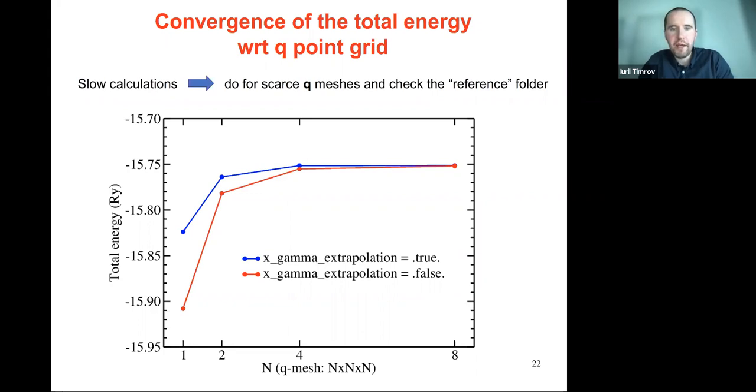So we need to make some convergence tests using or not using the extrapolation at the gamma point. Okay, so let's do this exercise during 10 minutes, and the remaining 15 minutes we use for van der Waals.